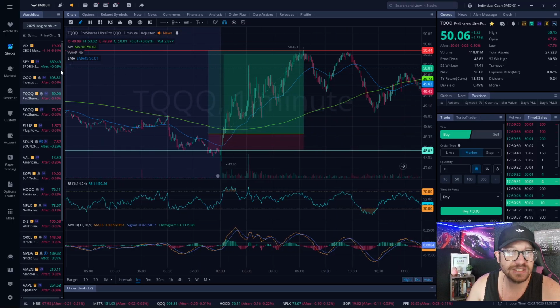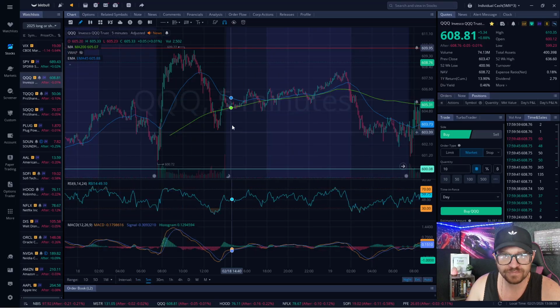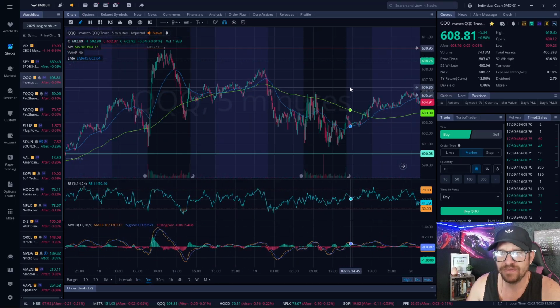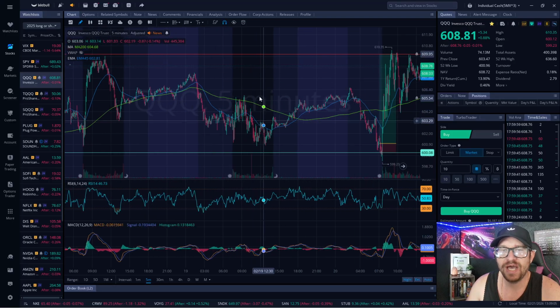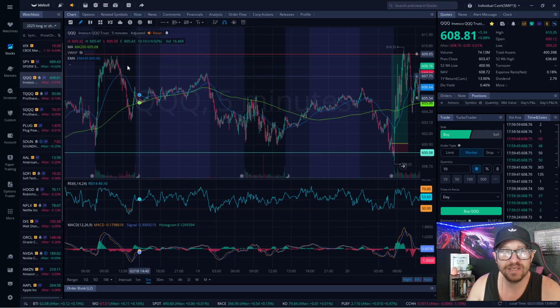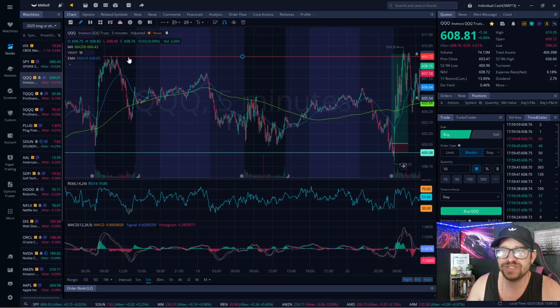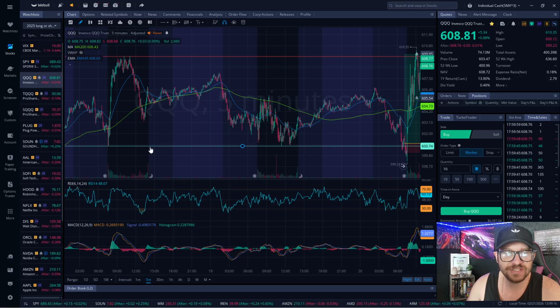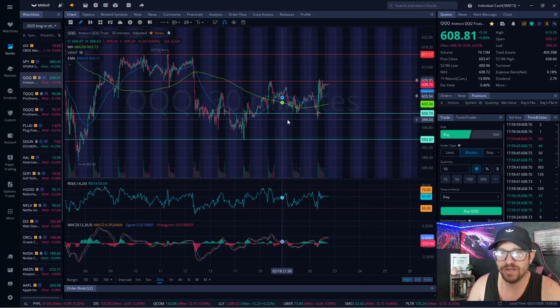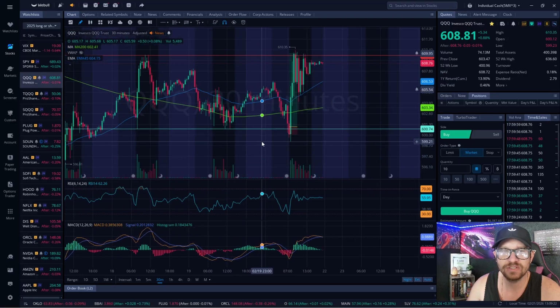Now, this resistance level, let's go back to QQQ. You can actually see that QQQ had a previous resistance level, not Thursday, but on Wednesday, at around the same level. So by identifying this resistance right off the bat and identifying even a key support, say right here at 600, you can see on a 30-minute time frame here, okay, let's look at this.